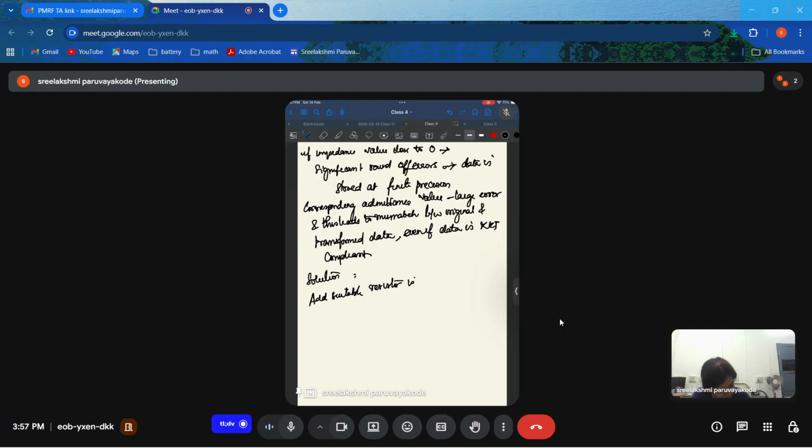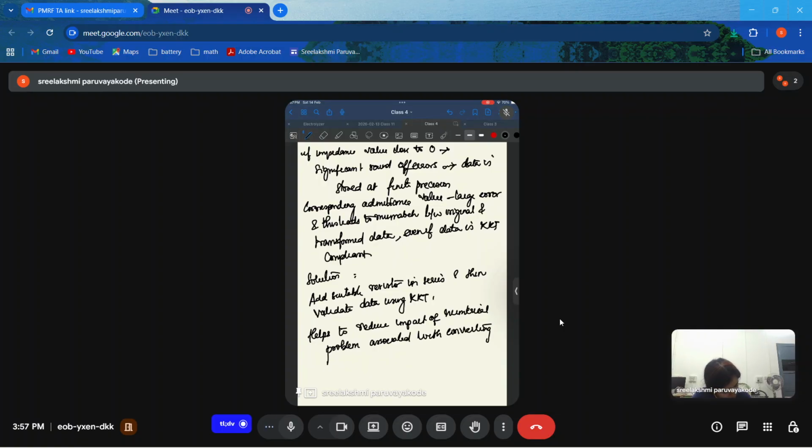Add a suitable resistor in series, and listen carefully, this will help you reduce the impact of numerical error associated with converting small numbers. Yes, I hope this is clear.